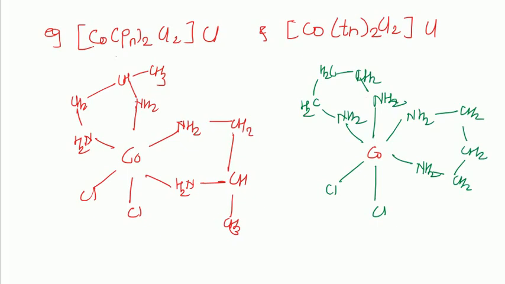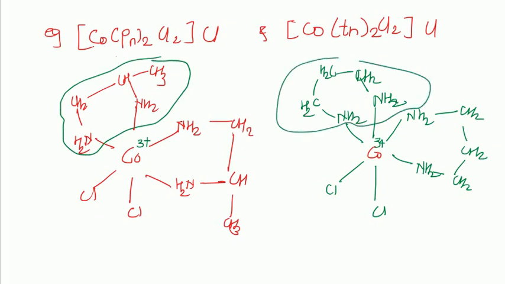The oxidation state of the cobalt is +3 here. So these are the two isomers. The ligands are different. Ligands themselves behave as isomers. See, they are isomers, and that's why these two complexes are called ligand isomers. Now, the next type of isomerism is coordination position isomerism.